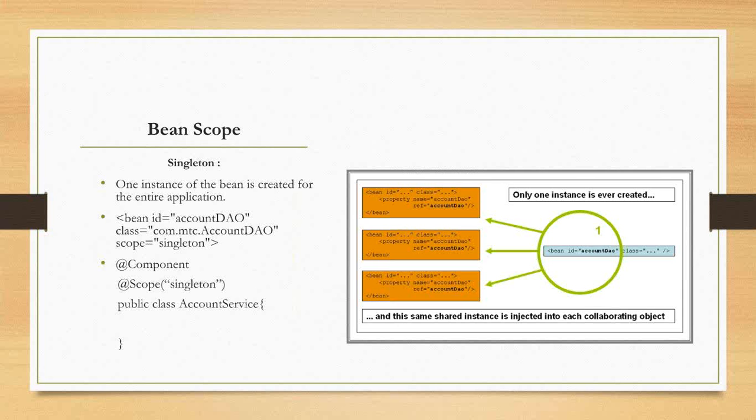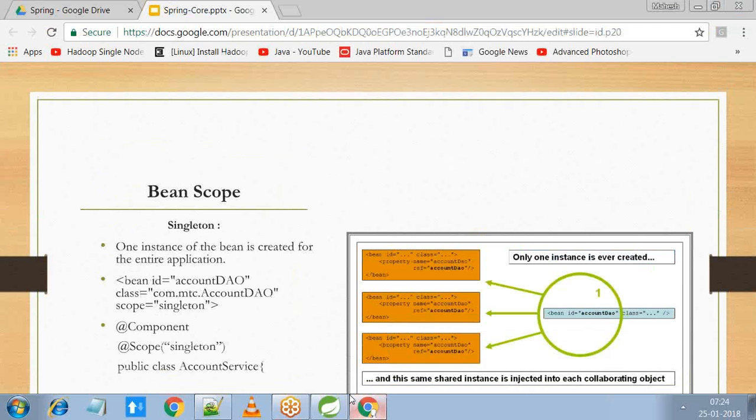Now there will be just one instance of that particular bean. Just check this. I'm sorry whether the text is smaller. Don't worry, let's go through this example now.